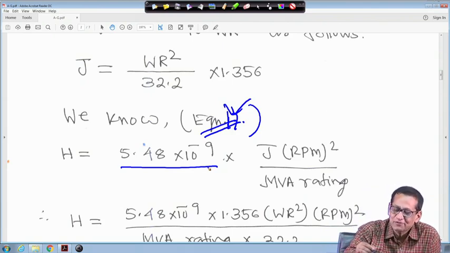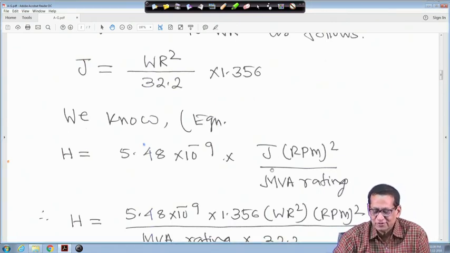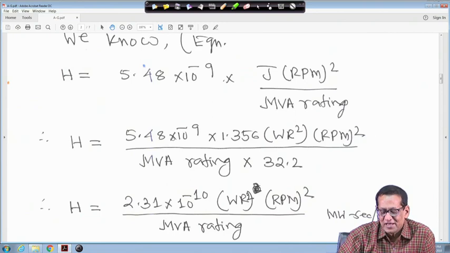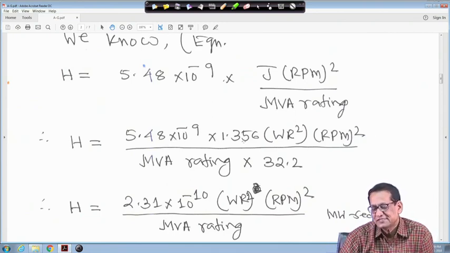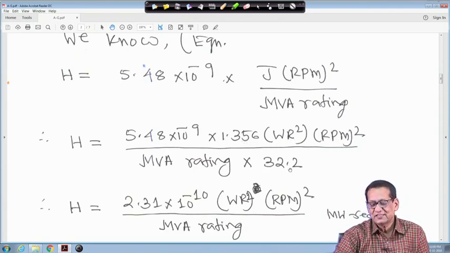Now, in this case, H is equal to 5.48 into 10 to the minus 9 into 1.356, and J is equal to 1.356 W r square by 32.2.